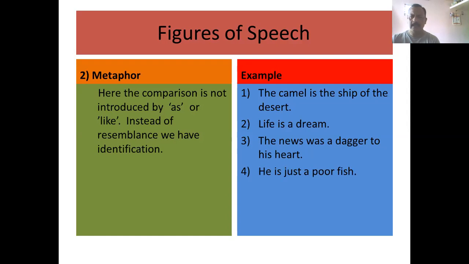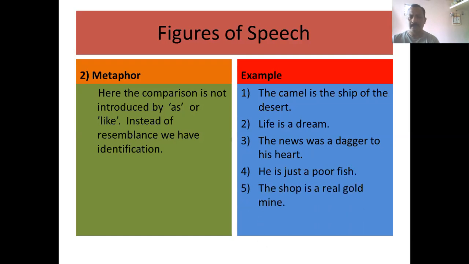Then the next example is, he is just a poor fish. Here, he and poor fish are compared. Now here, as or like is not used. In the simile, we took the example and there like was used. But here, now like is not used. At that time, it is a metaphor.